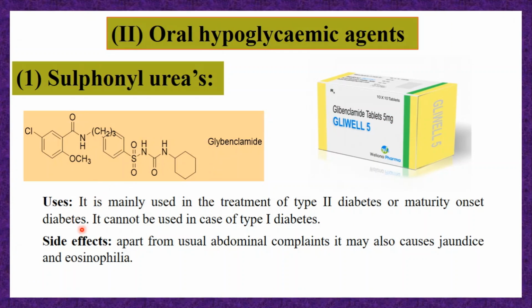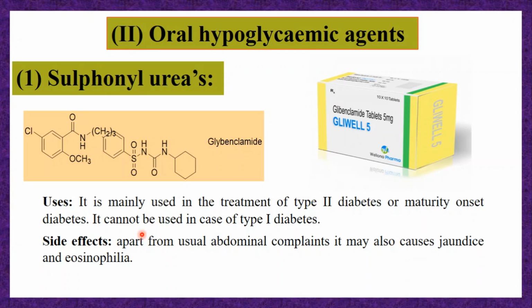The uses of glibenclamide: it is a highly potent oral hypoglycemic agent without toxic side effects. It is found to be 200 times more potent than tolbutamide, which is also a sulfonylurea derivative, and it belongs to the class of sulfonylureas.